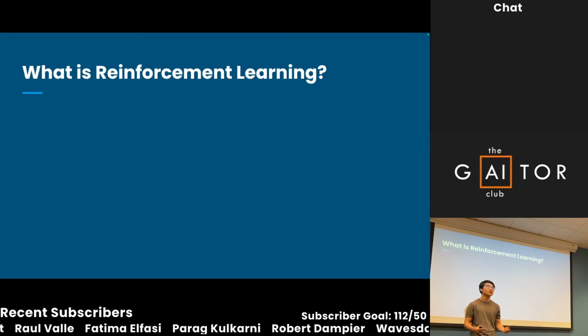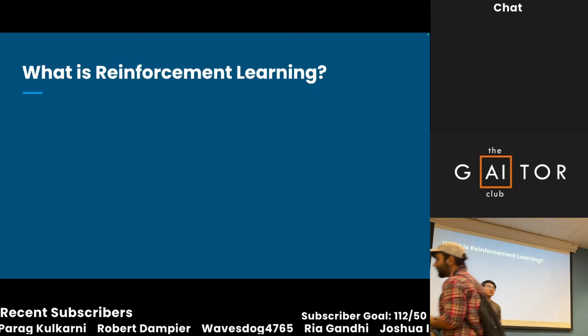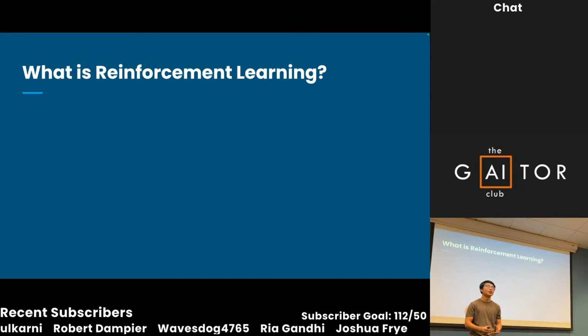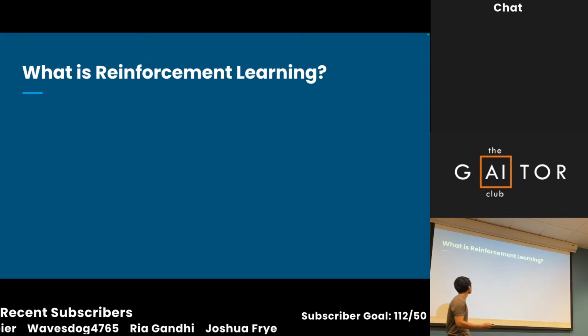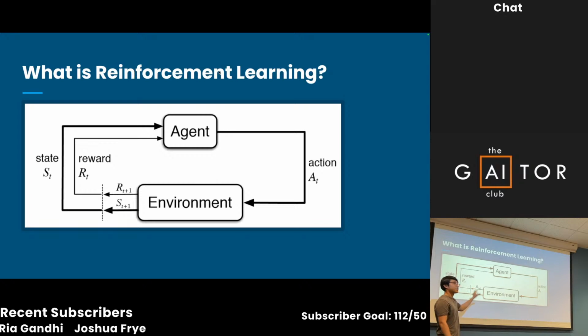So reinforcement learning is essentially when a machine learning model is put into an environment and has certain factors such as a state, rewards, actions, among other things, and it wants to optimize for the highest reward. And that's illustrated in this diagram here.